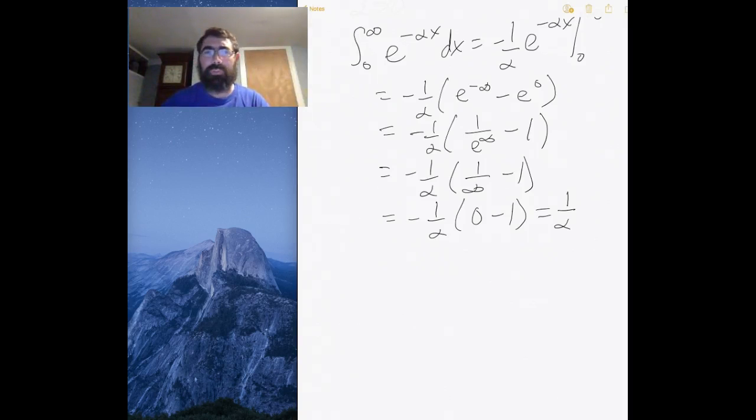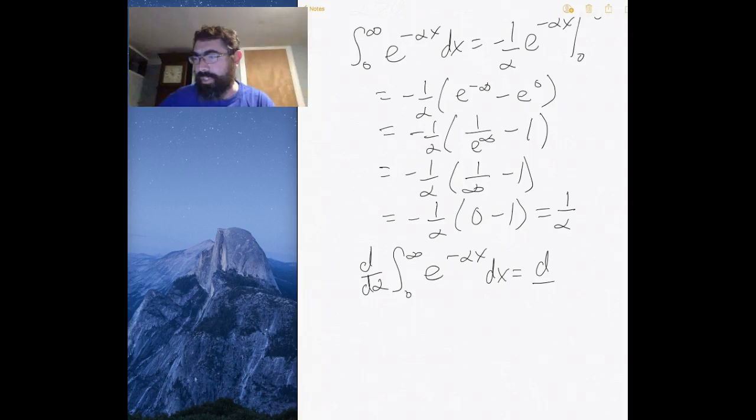Okay, pretty straightforward. Now let's take the derivative of both sides of the equation with respect to alpha. So we're going to take the derivative with respect to alpha of the integral from 0 to infinity of e to the minus alpha x dx, and the derivative with respect to alpha of 1 over alpha.